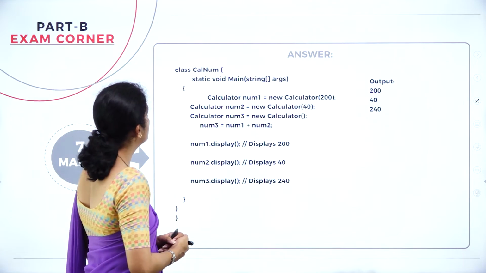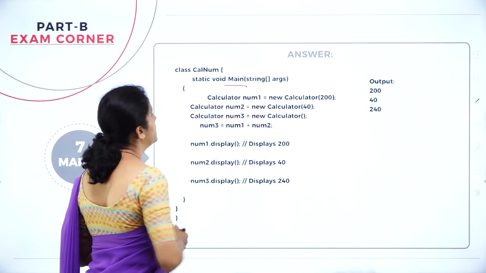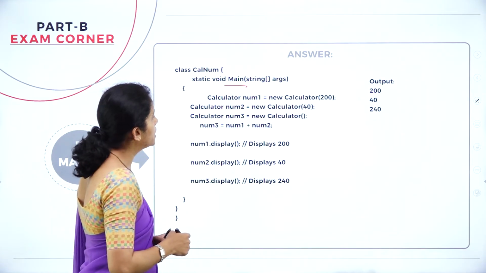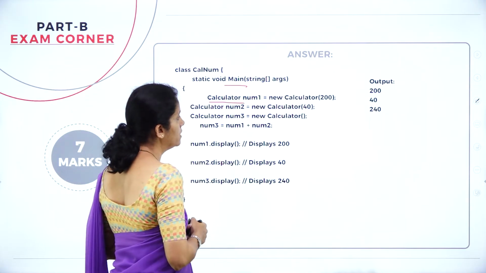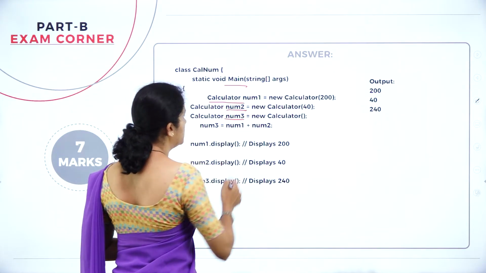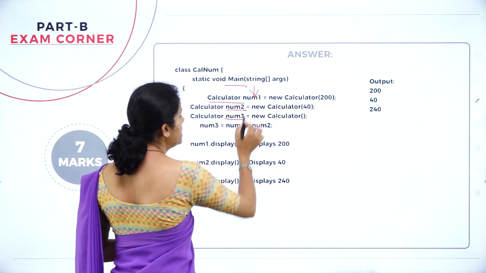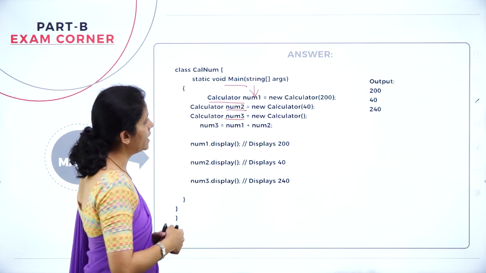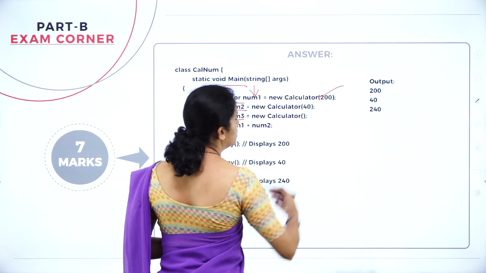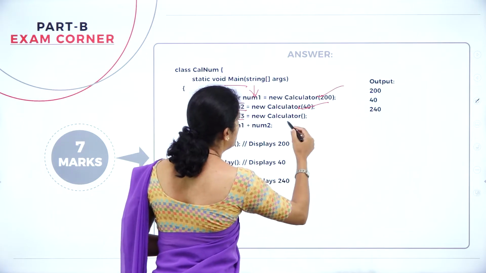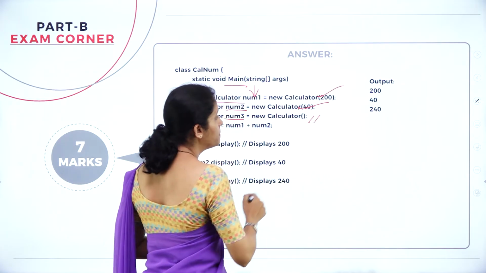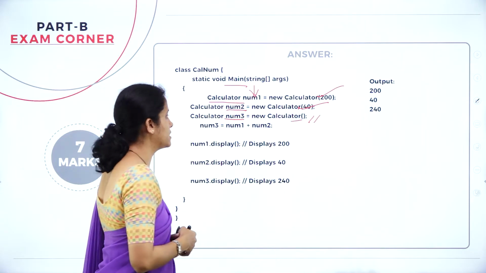Now see here, in my main method I'm going to create num1, num2 and num3. So these are 3 different objects, and I'm passing 240, and this is for the default constructor.